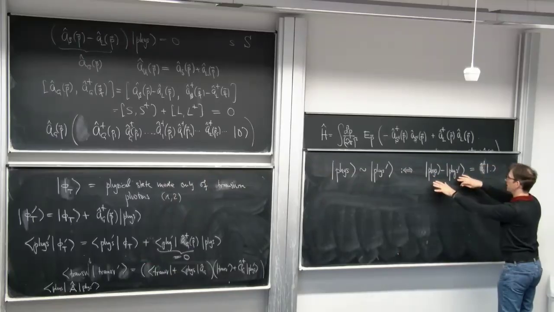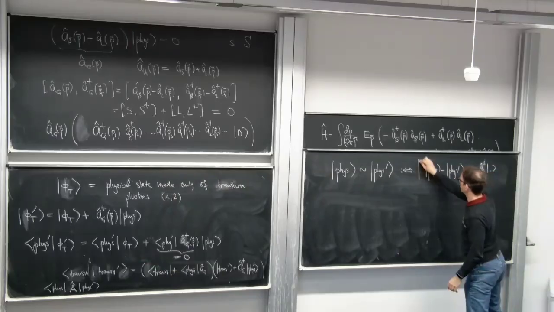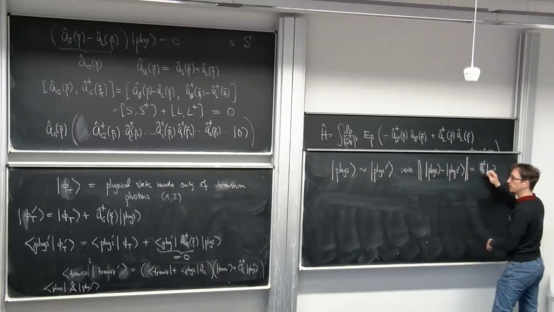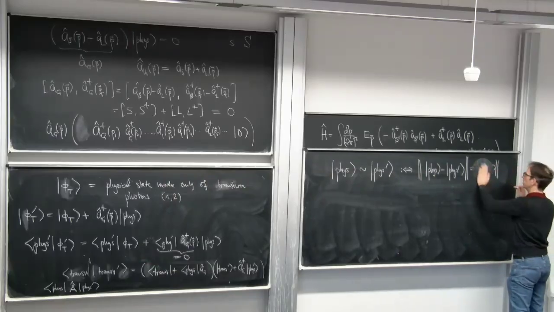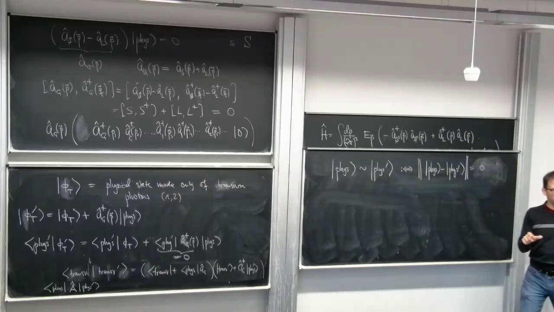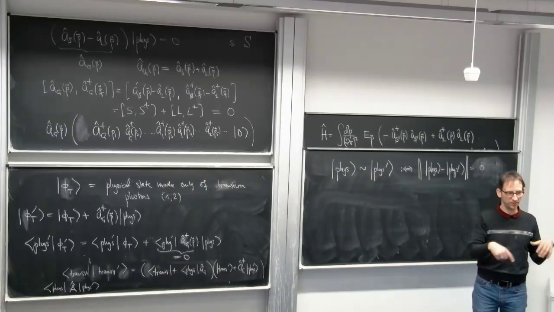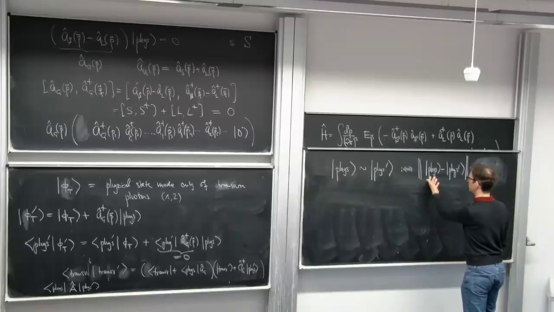But a different way of saying that the difference is something with a G excitation is to say that the norm of this has to be the norm of this, but the norm of this is 0. So two states are considered physically equivalent if the difference has zero norm.